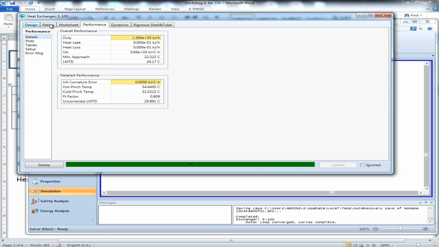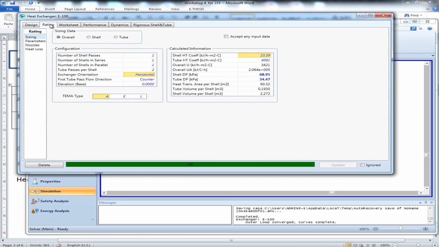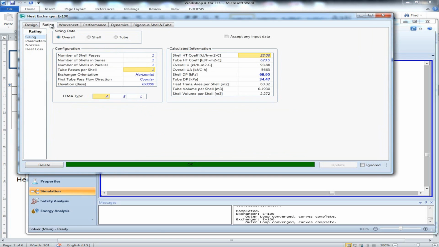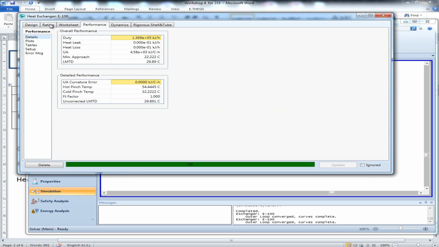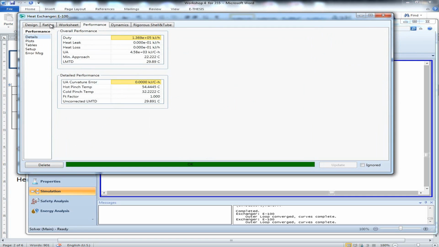We go back to play around with the configuration, back to 1 counter-current. See what happened. Okay, for 1, the plot is nice. How about the Ft?